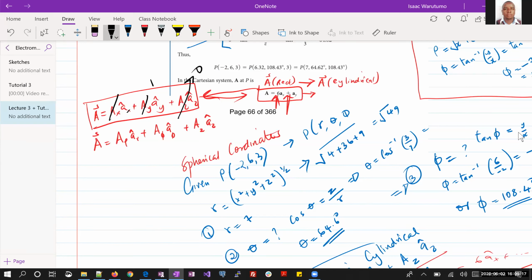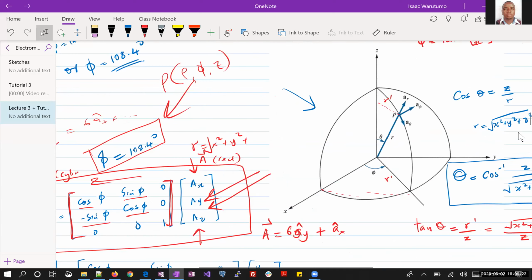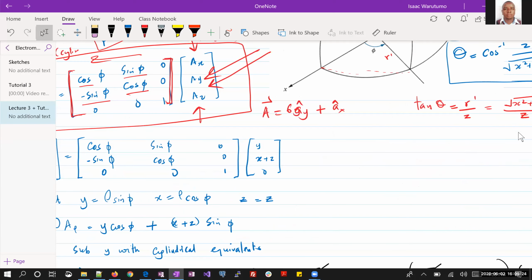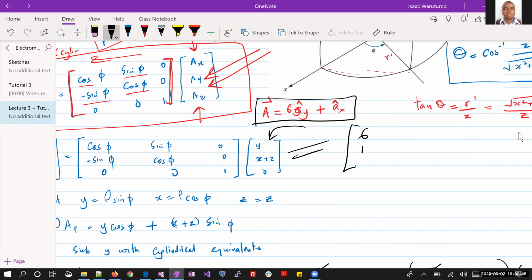I'm moving slow. I normally don't move that slow, but for the sake of those who might get lost, I'm moving slow. So this is my ay. And this is my A vector in x, y, z coordinates. And therefore, if we were to express it as a column vector, when you transform this one, it is going to become 6, and it is going to become 1, and it becomes 0.